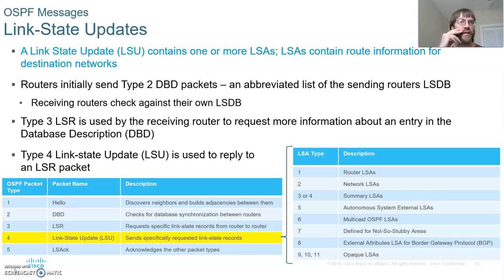Then there's type 6, type 7, type 8, which would be for a BGP router that's interacting with your OSPF routing domain, and 9, 10, and 11 are what we call opaque. We will come back to this table. We will use parts of this in more detail. So let's talk about the states.